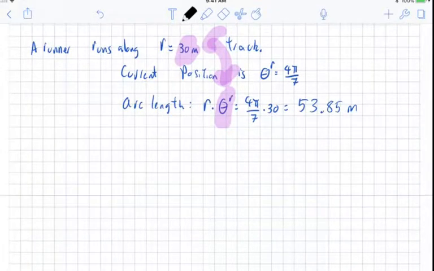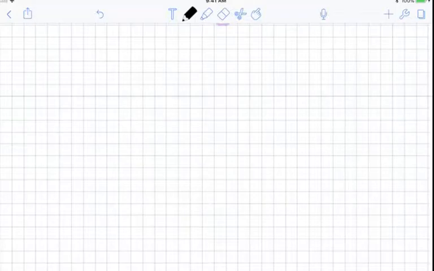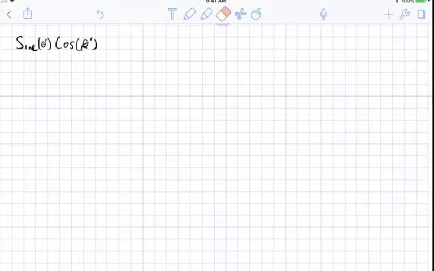One really important aspect is that we can define the sine and the cosine functions to take the inputs in radian measure instead of in degrees. So in this case, they're going to specify the angle in radian measure.